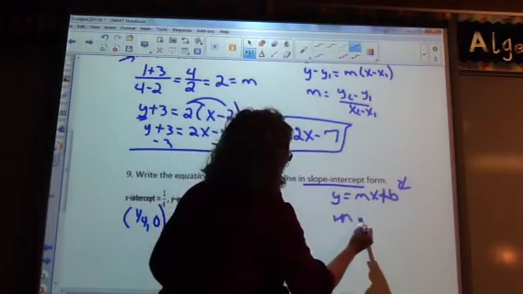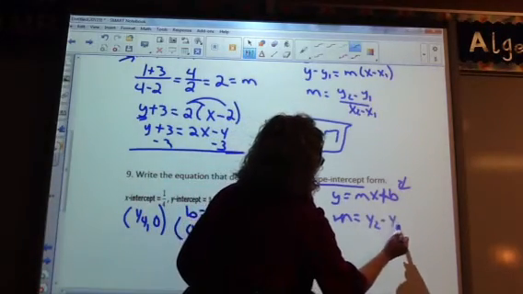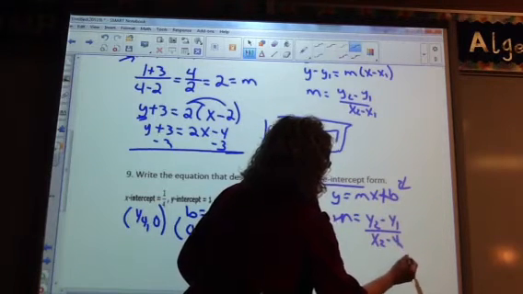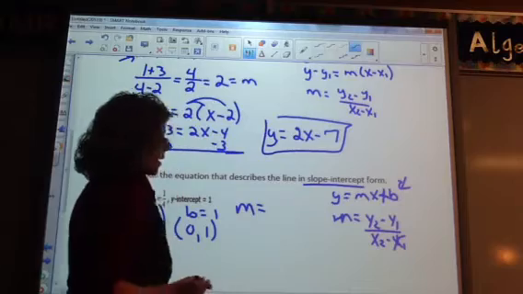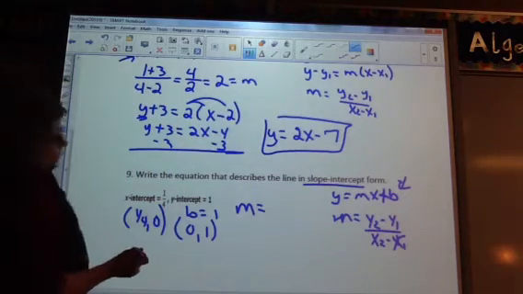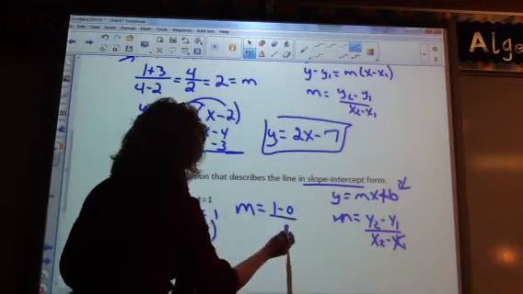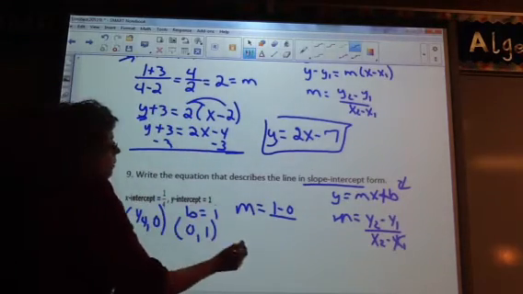By using your slope formula, taking the difference of your y values over the difference of your x values. So it'd be 1 minus 0 over 0 minus 1/4.